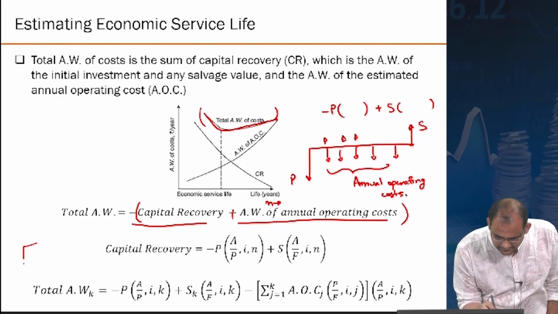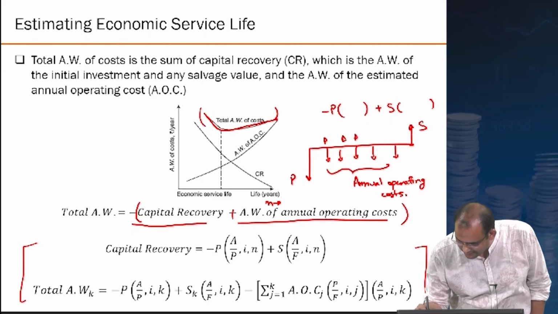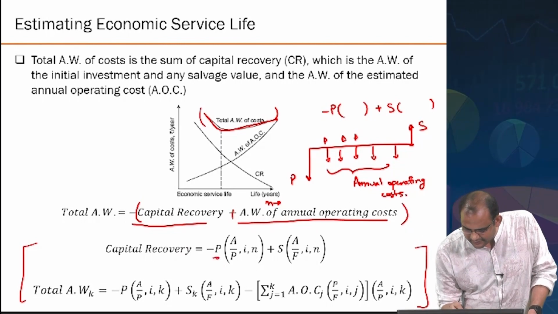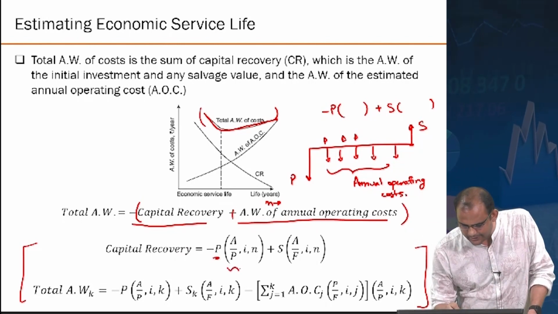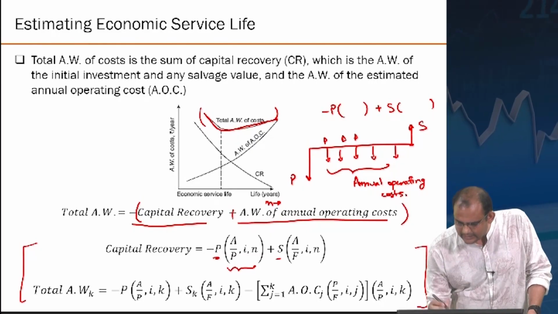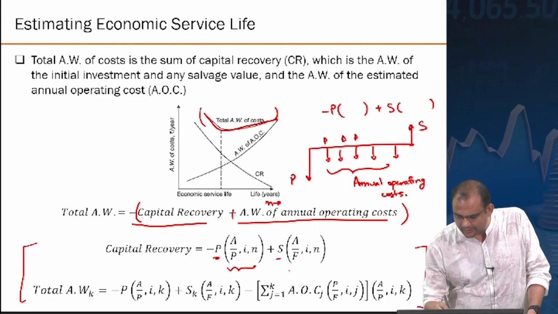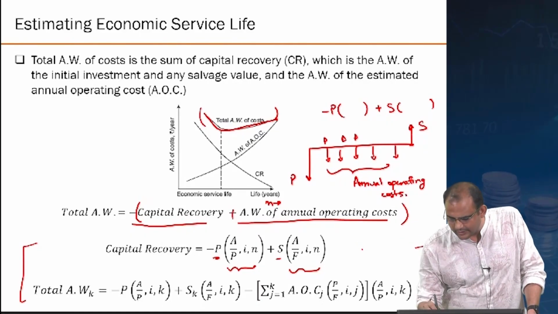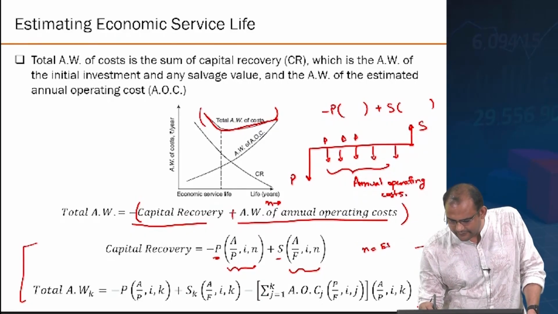Let me show you how to actually calculate it. You can try to memorize this formula, but essentially nothing. It's just a simple capital recovery, which is the P value distributed over whatever n you assumed, and S distributed using the A/F formula over the entire n periods, if you are assuming that n is the economic service life.